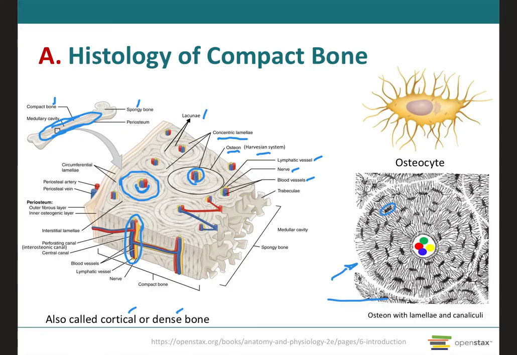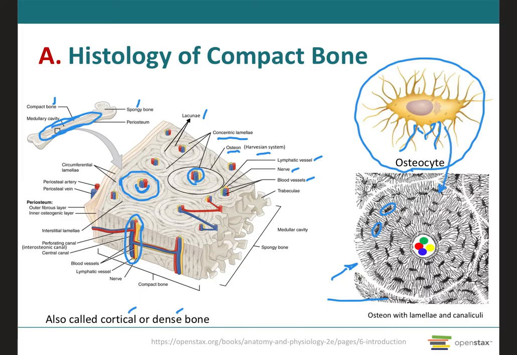Lacunae means little lakes, and these little lakes are going to contain the osteocytes that, remember, originated from the osteoblasts. This image over here on the top right shows you how the osteocyte looks with all these projections coming from the cell body. The cell body is what's going to be located in the lacunae.